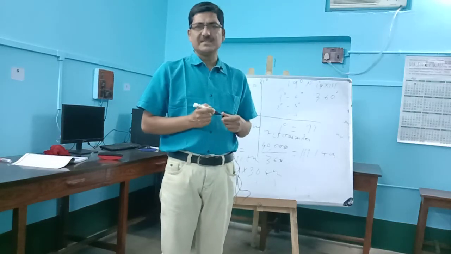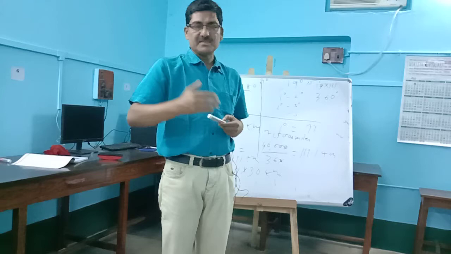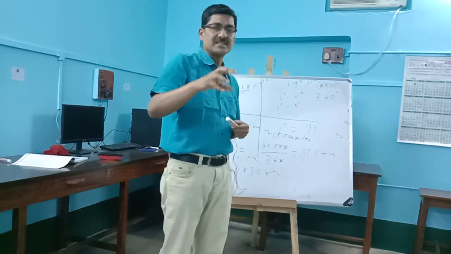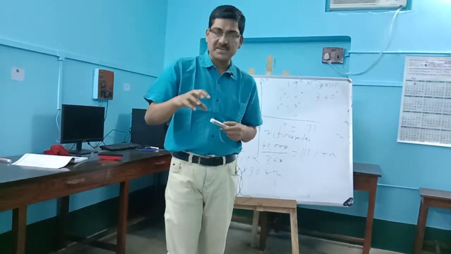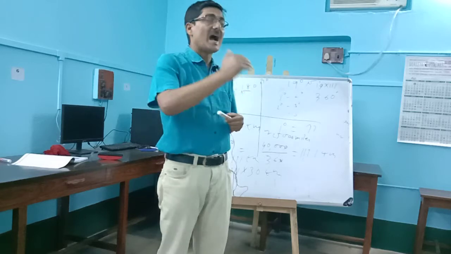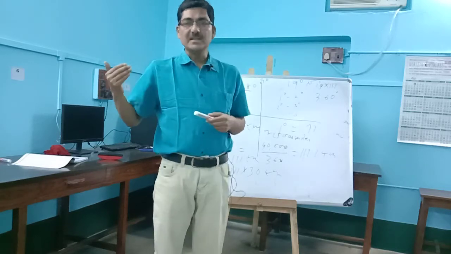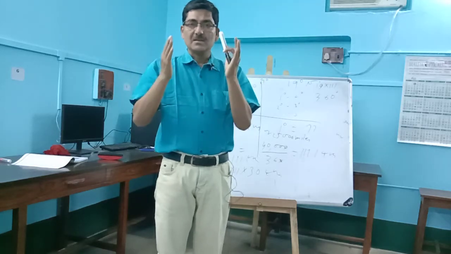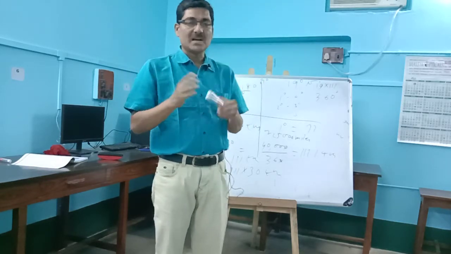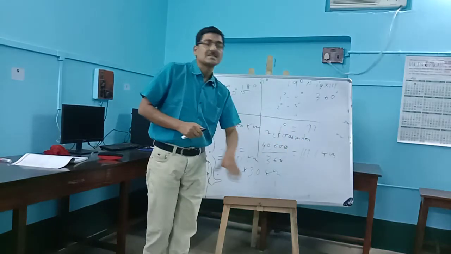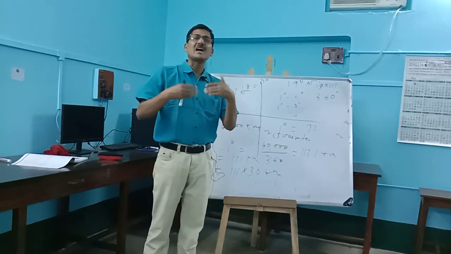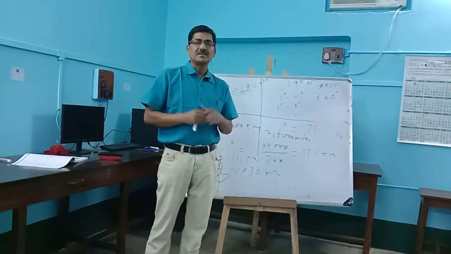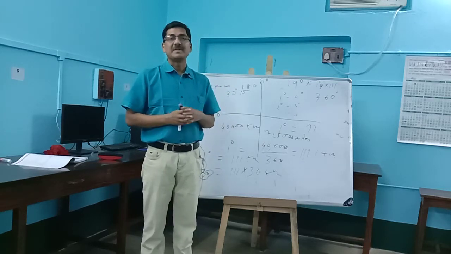So this is very easy: how to calculate the distance of any place on the Earth's surface from the equator, either to the north or to the south. 1 degree means 111 kilometer on the earth surface. This is how we calculate the distance of a place.